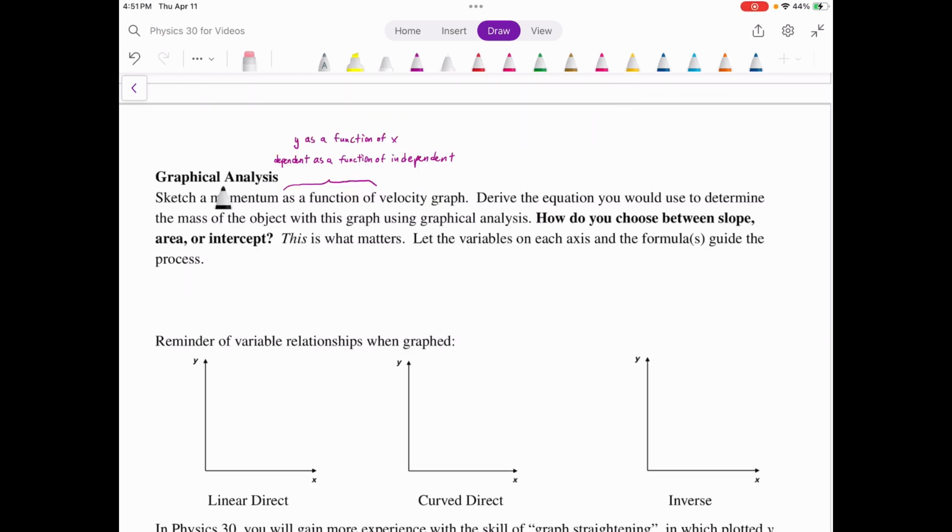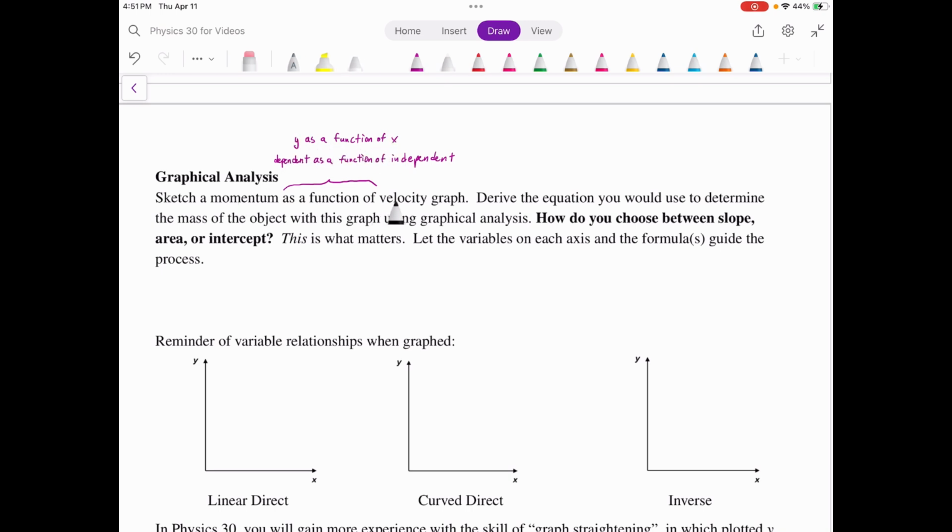All right, so moving on here now to talk a little bit about graphical analysis and remind ourselves of the important skills from Physics 20. It asks us to sketch a momentum as a function of velocity graph. So reminder, as a function of, it's always y as a function of x.